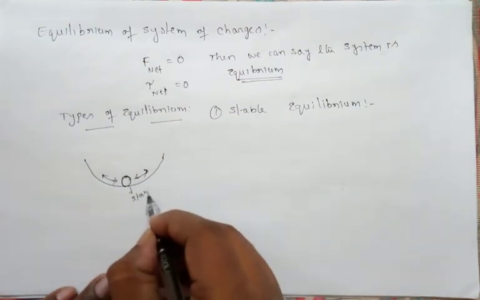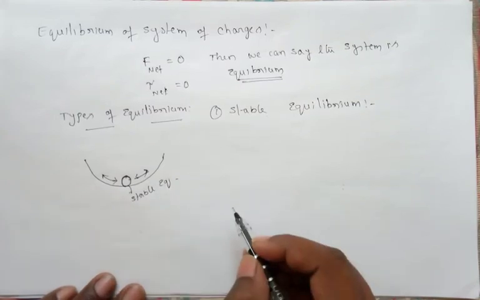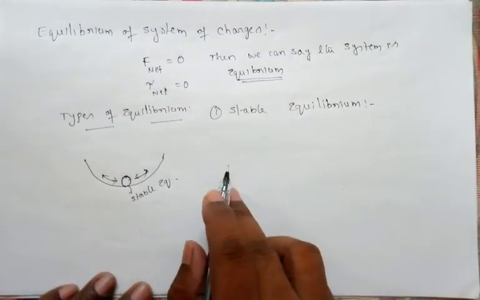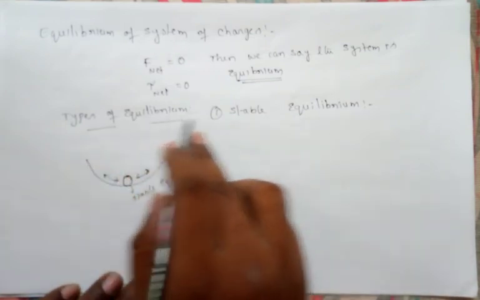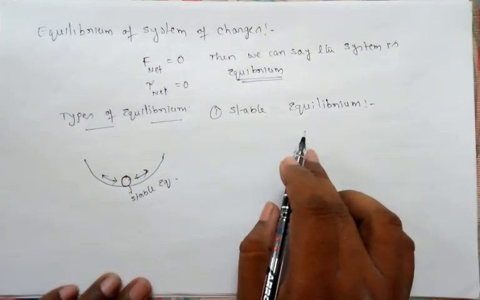Stable equilibrium. Now observe it in electric charges. A charge is said to be in stable equilibrium if it has a tendency to return to its position when disturbed.